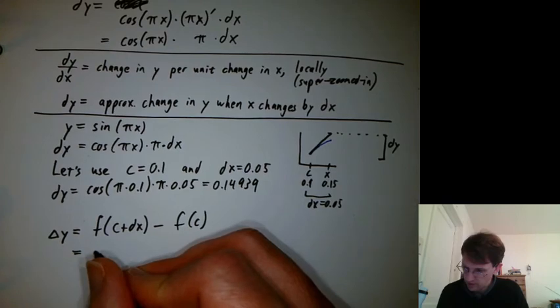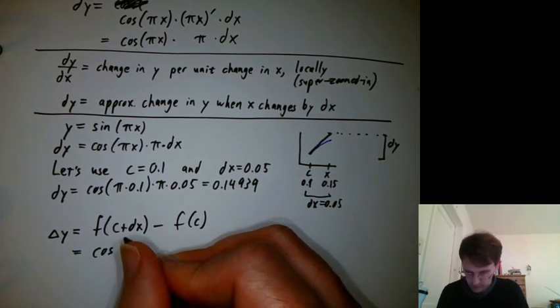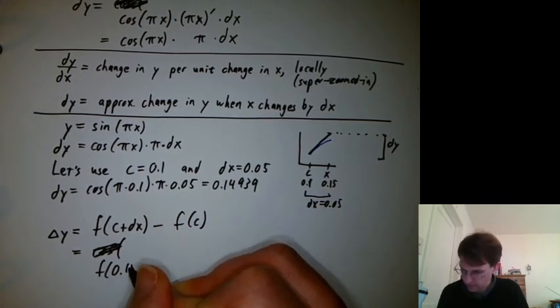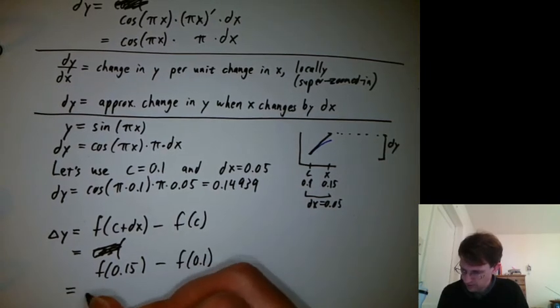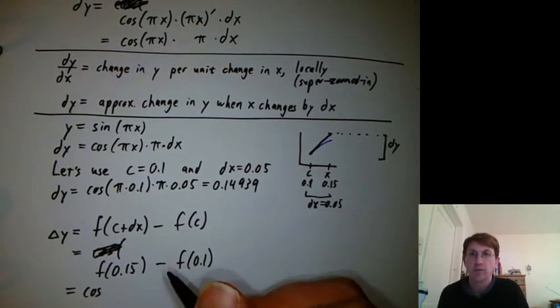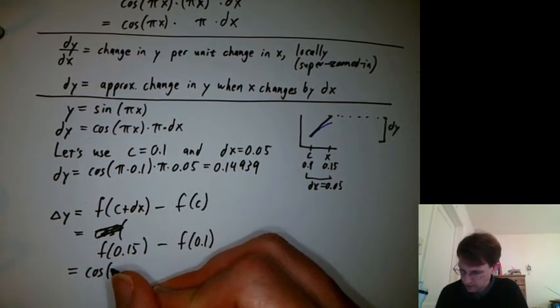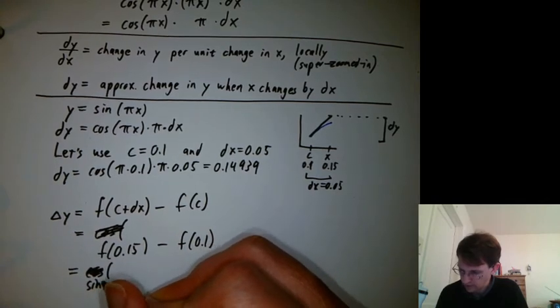So this would be, well, let's do it in terms of f of 0.15 minus f of 0.1. If you wanted to enter that by hand, you'd have to do sine, not cosine. We're using the original function here.